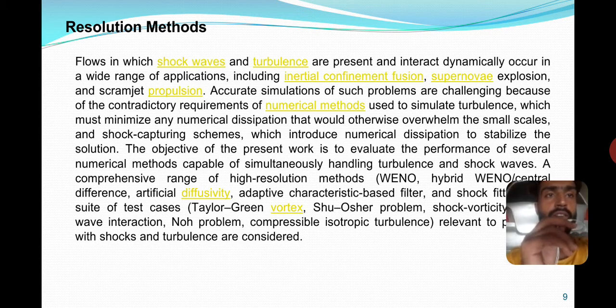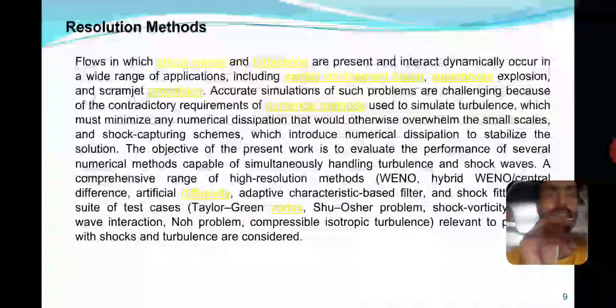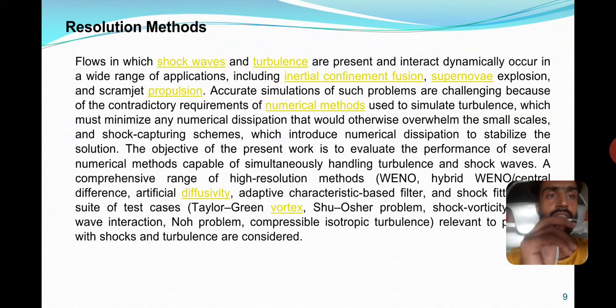Accurate simulation of such problems is challenging because of the constraint requirements of the numerical methods used to simulate turbulence, which must minimize numerical dissipation that would otherwise overwhelm the small scales, and shock capturing schemes, which introduce numerical dissipation to stabilize the solution.